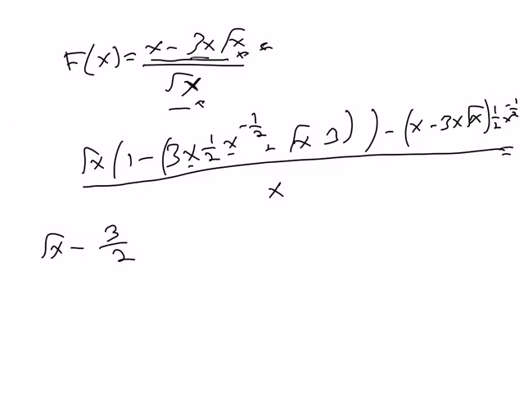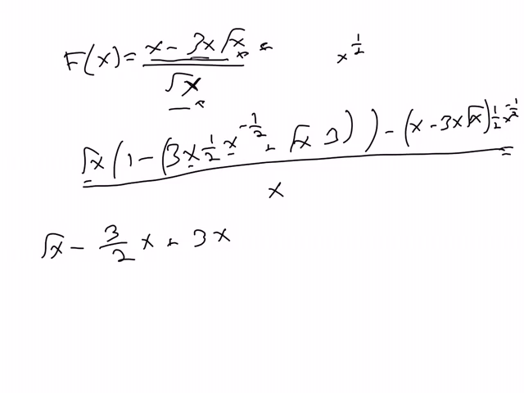So we add the exponents and we get x to the a half, and then times this just gives me an x, so it's going to be x, that's over there, and then plus 3x.